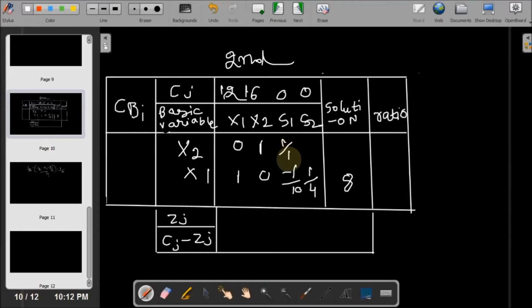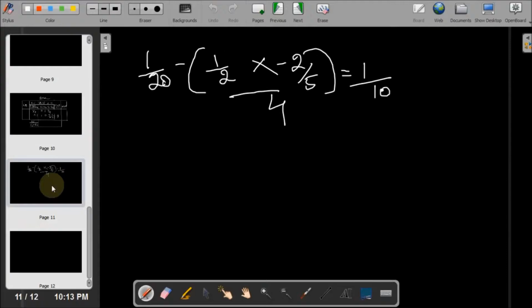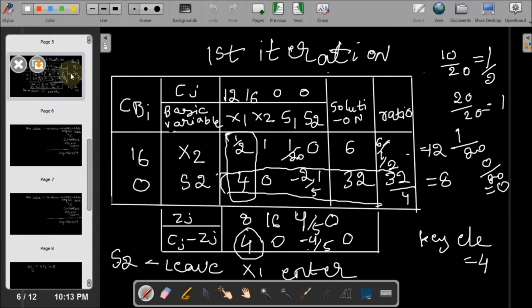Now I have to write 1 by 10 here in this place, S1. Last, the remaining two values are there, right? So we will finish it fast. So what is that? Old value of C1s is 0.